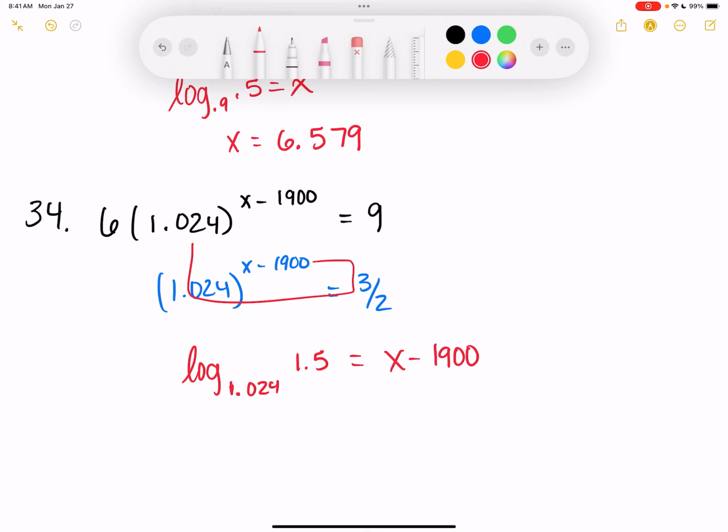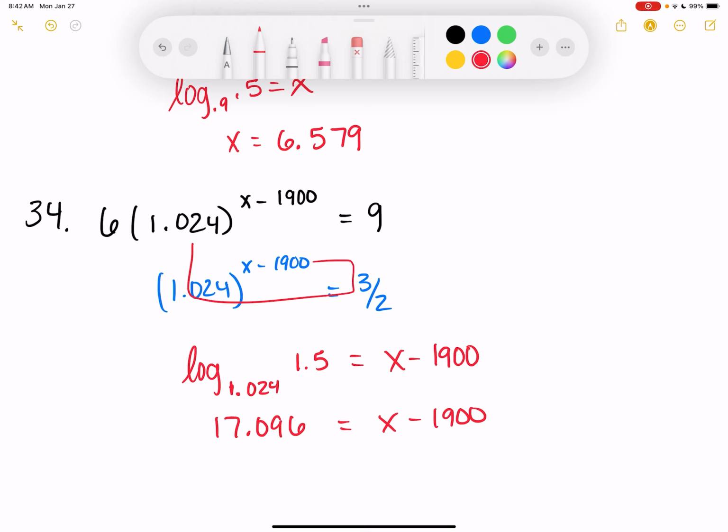Okay, so I'll type this in, which is 17.096, which is equal to x minus 1900.